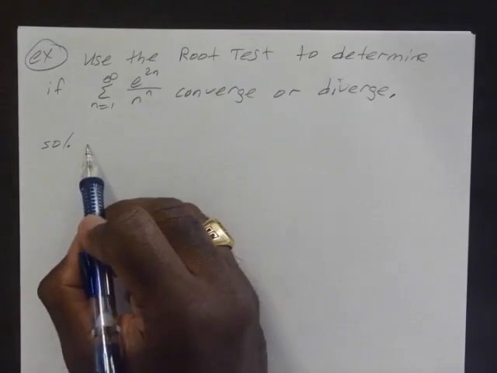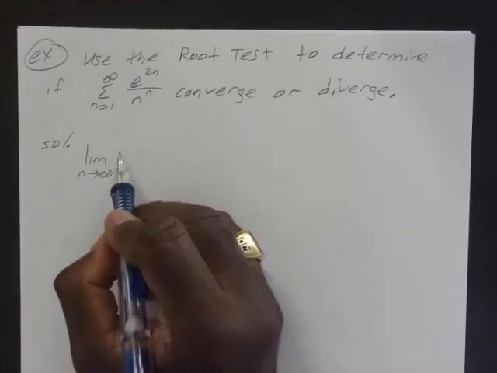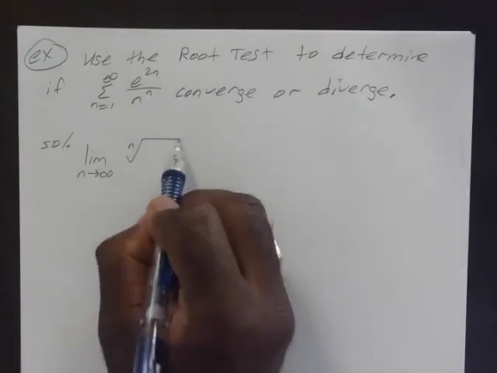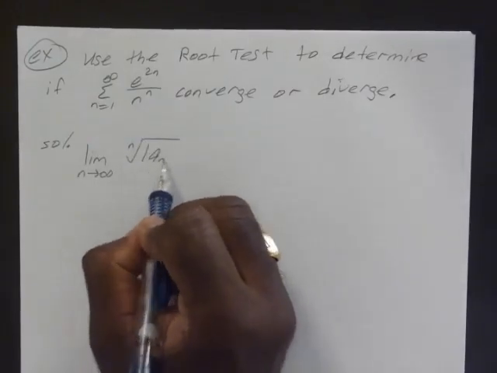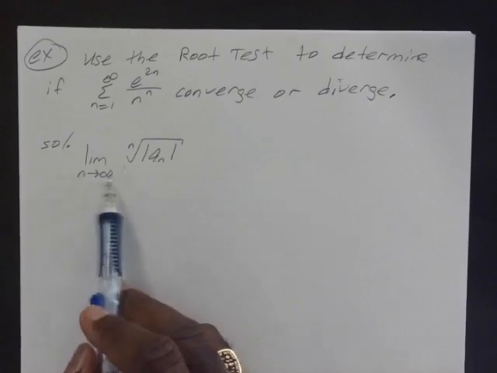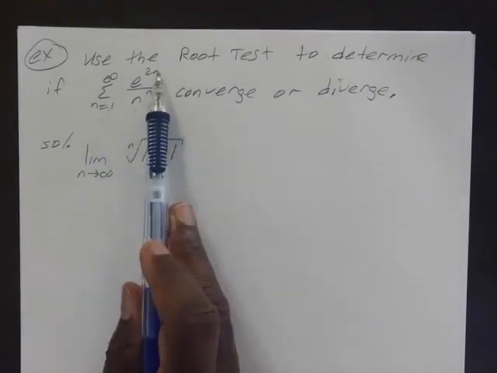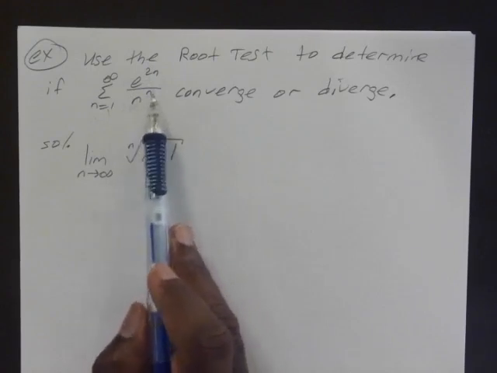Okay, so we know we have to find the limit as n approaches infinity of the nth root of the absolute value of your a sub n. Well, since n is going from 1 to infinity, it's always positive, so we know that these values will also be positive.